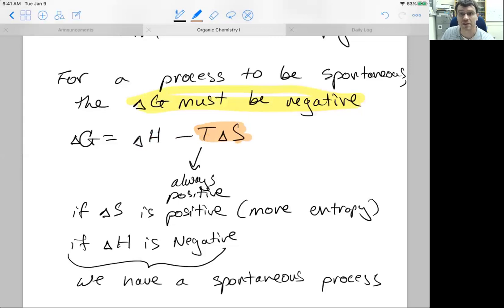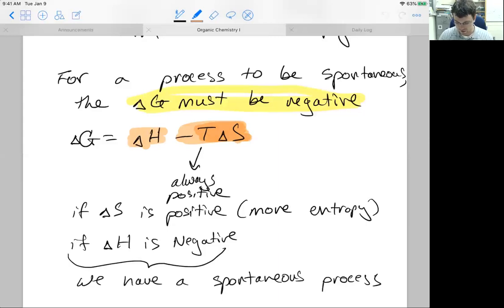Maybe it even gets worse. Let's say it's a negative change in entropy. We make that term all of a sudden positive. So negative T delta S is now positive, because delta S is negative. So this whole term over here is positive. That could outweigh the delta H term, and we could have a non-spontaneous process with a positive delta G.